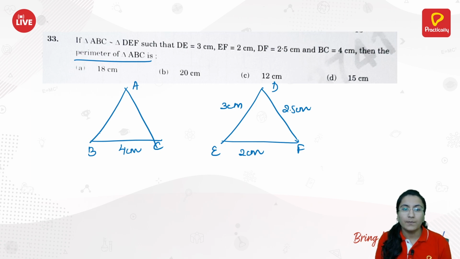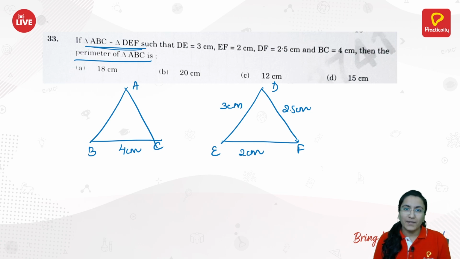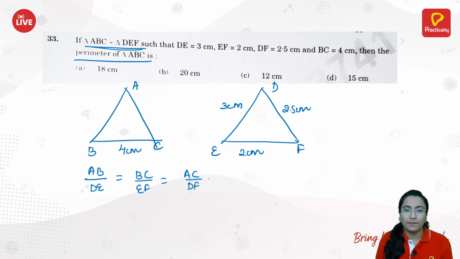That means AB plus BC plus CA we require. But we don't have the measurement of AB and AC, which we can find easily. How? Because we know that these two triangles are similar. So the ratio of their corresponding sides is the same. So AB by DE is equal to BC by EF, which is the same as AC by DF, right?